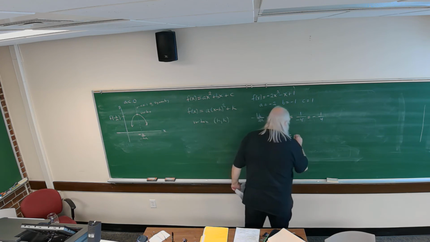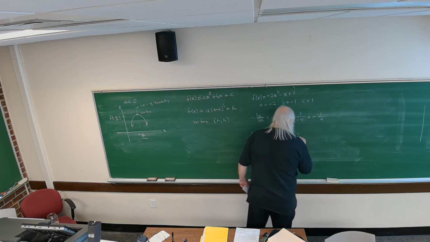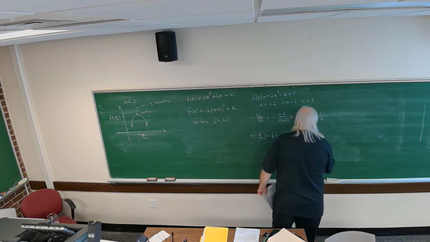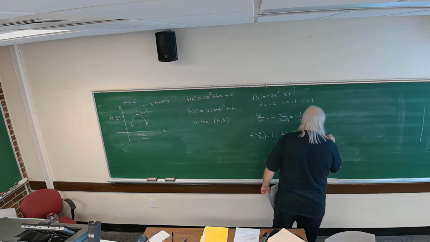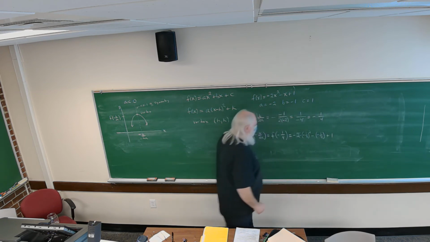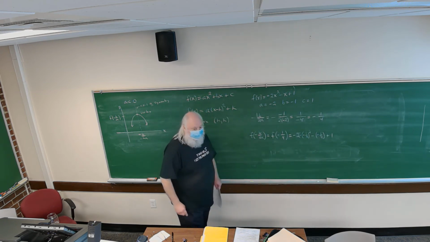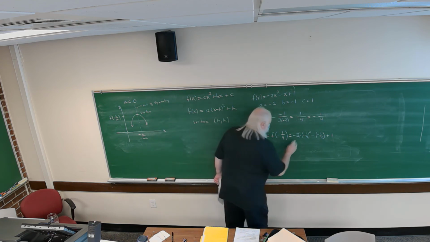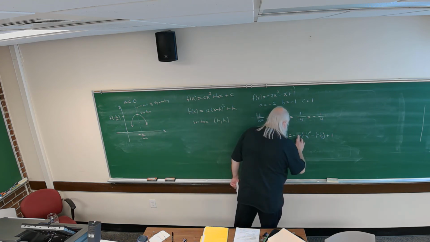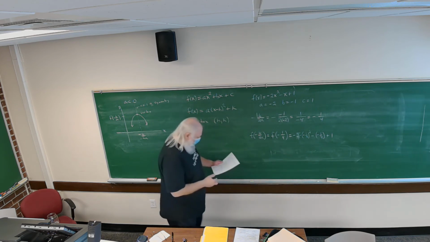So we have -2 times -1/4 squared minus a -1/4 plus 1. Now you've got to be really careful of the arithmetic, because it's easy to get confused with all these minus signs.